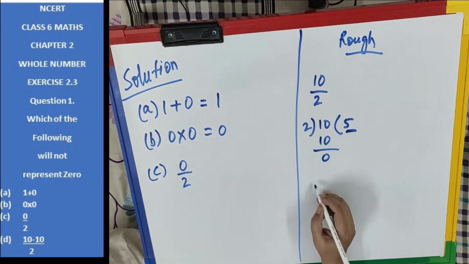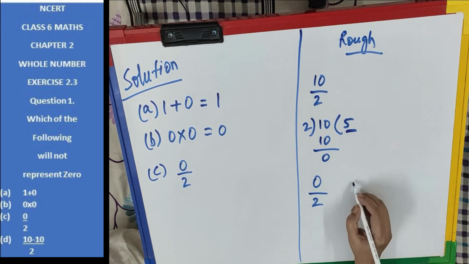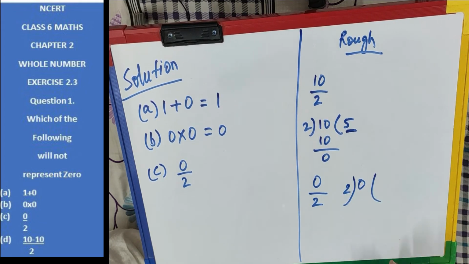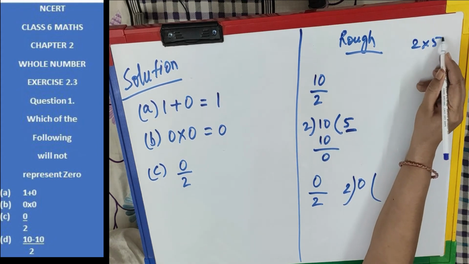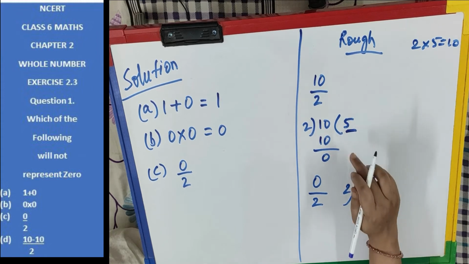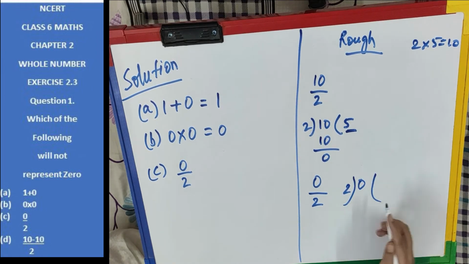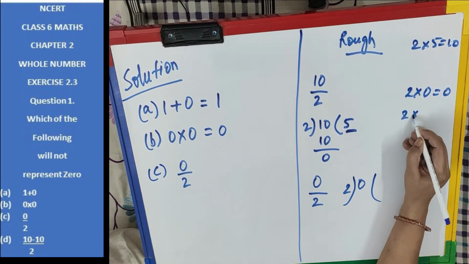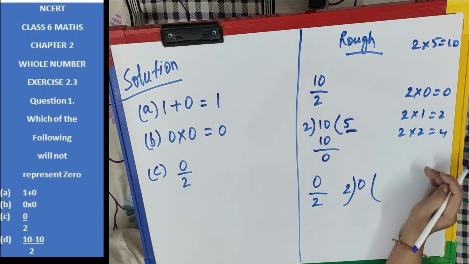Now if we divide 0 by 2, how will we write it? Here we know that 2 fives are 10, so we did this division. But how many times does 0 come in 2's table? 2 zeros are 0, 2 ones are 2, 2 twos are 4, like that we can do.